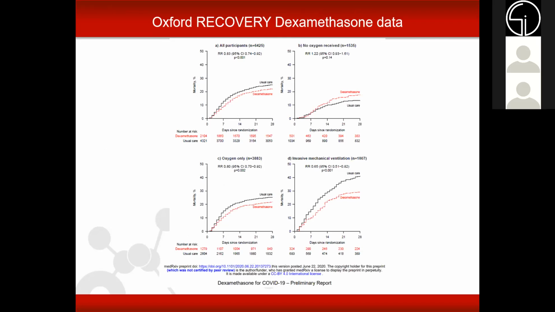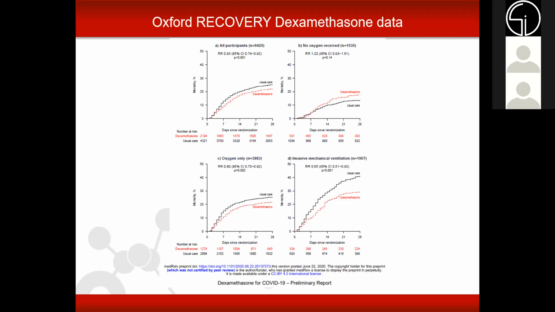So even though this historical control is only 6 months, this Oxford RECOVERY trial really has the largest number of patients that we can use as our historical control. In this trial, dexamethasone was lauded as really working, reducing mortality.